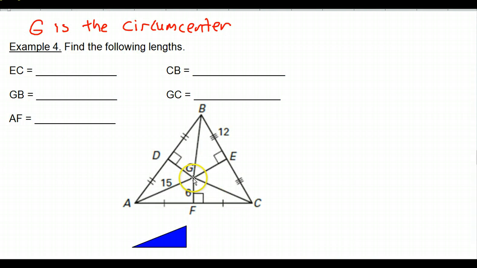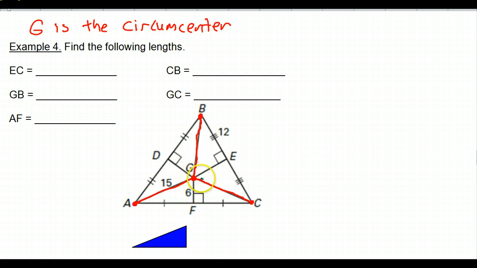If this is the circumcenter, and we've just decided that it is, then it should be equally distant to the vertices. So the distance from G to A should be the same as the distance from G to B. It should be the same as the distance from G to C. That is the special property of the circumcenter. It is equally distant to the vertices, the corners. So all these 3 red lines should be equal.